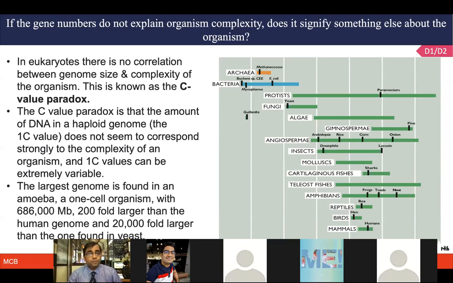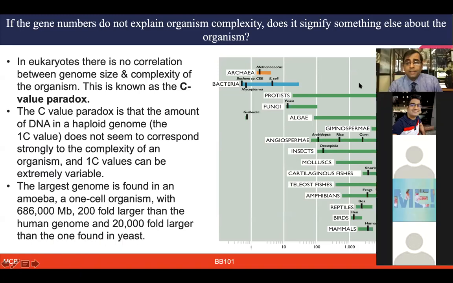There are people who have tried to look for a correlation of genome size versus the complexity of an organism, and this particular image will probably give you more clarity on that point. Essentially, it conveys that even a very simple protist, like an amoeba-type organism, can have a very large genome, right? The genome of amoeba is almost 200-fold larger than the human genome, which is not expected if you think about the complexity of the organism.